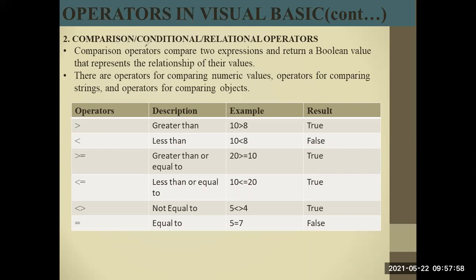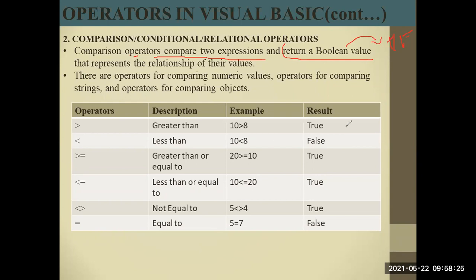It compares two operands, or two expressions, and always returns a Boolean value, either true or false, with respect to the relationship between the values.